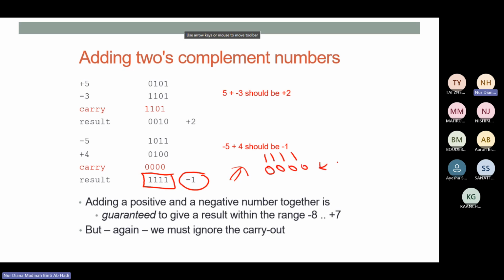Convert it to the first complement, then add 1, and we get 0 0 0 1. But 0 0 0 1 is our positive 1.